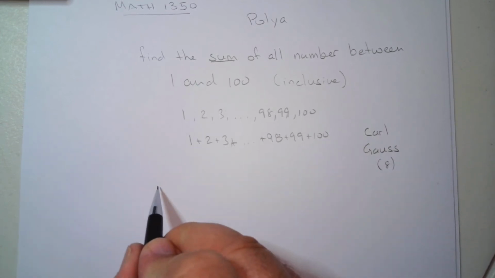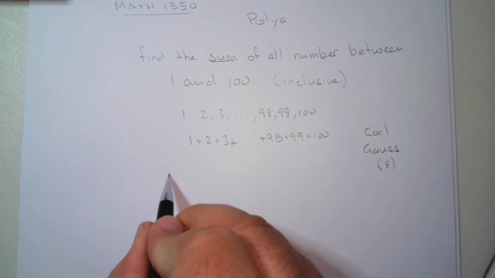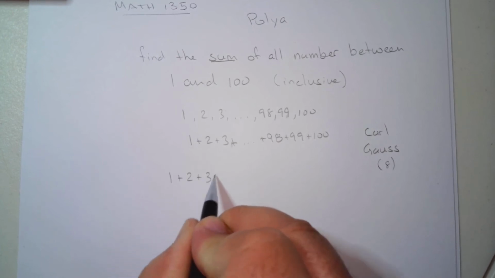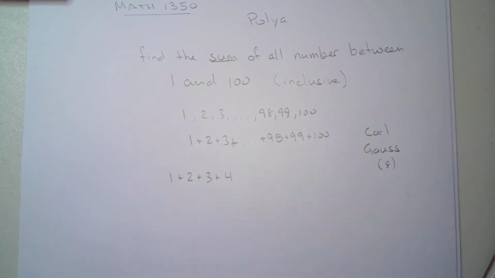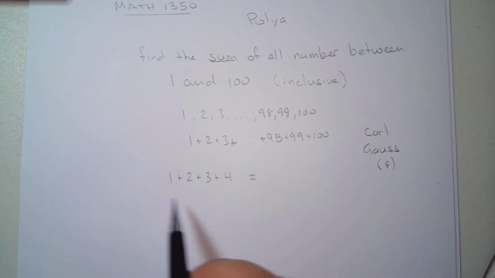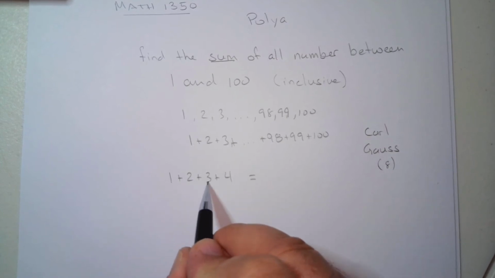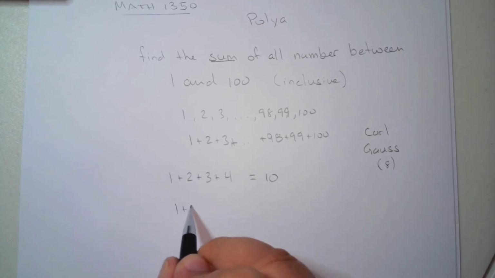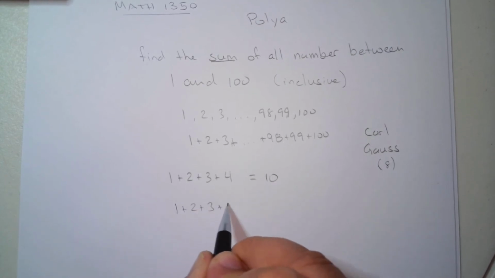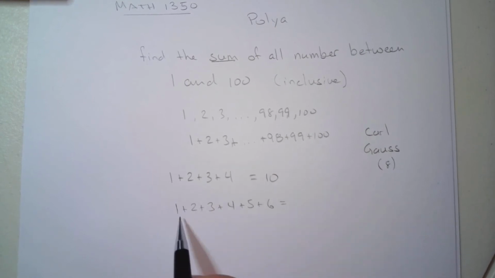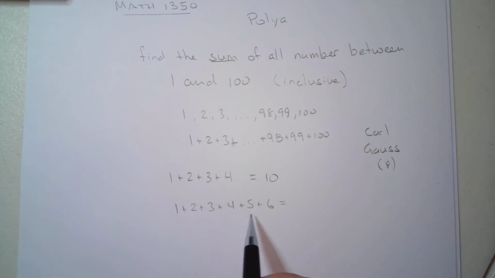What he did was he looked for a pattern. Let's say we look at all the numbers from 1 to 4. If we add those up, what do we get? 1 plus 2 is 3, plus 3 is 6, plus 4 we get 10. Let's say we add up all the numbers from 1 to 6: 1 plus 2 is 3, plus 3 is 6, 10, 15, 21.